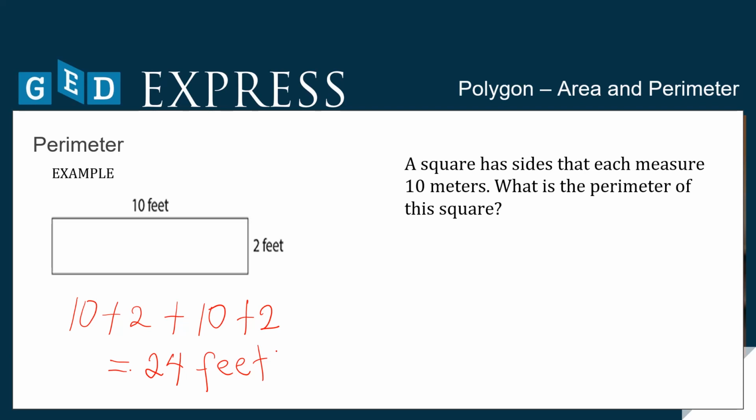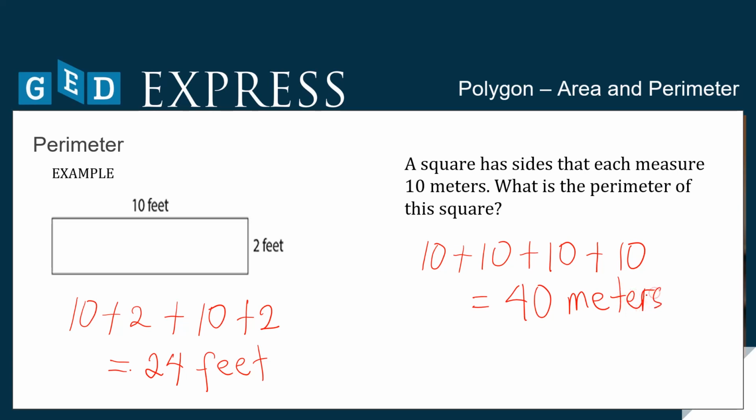Therefore, we have 10 plus 10 plus 10 plus 10 is equal to 40 in the unit meters. Okay, 40 meters.